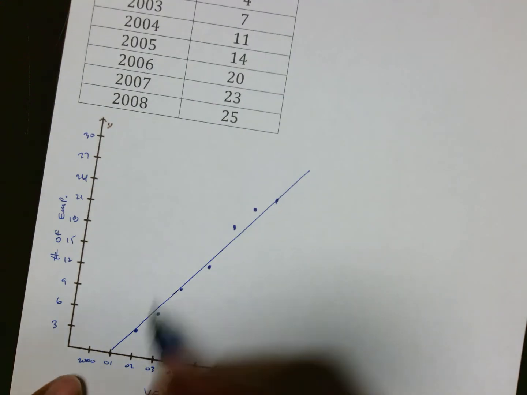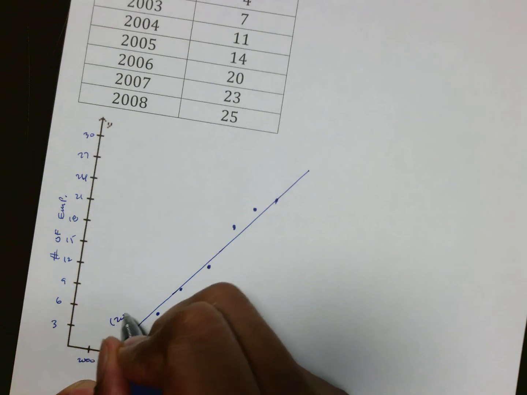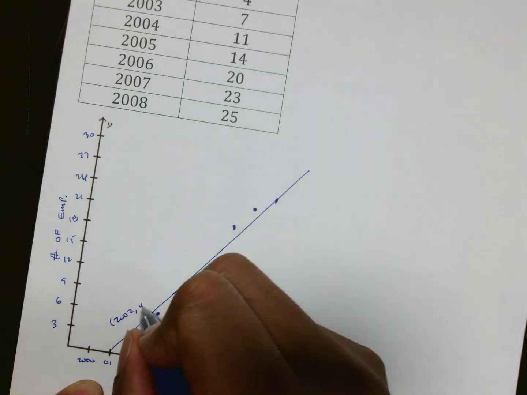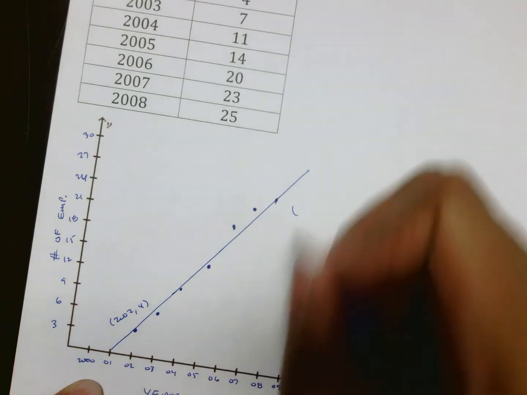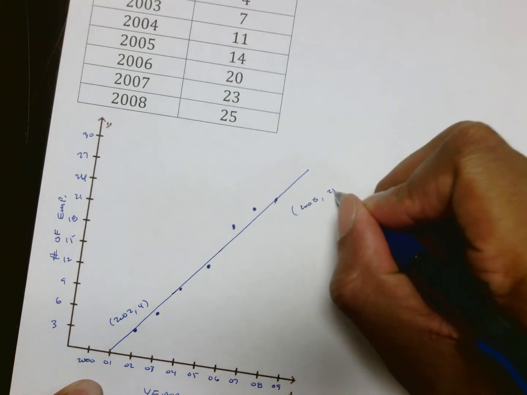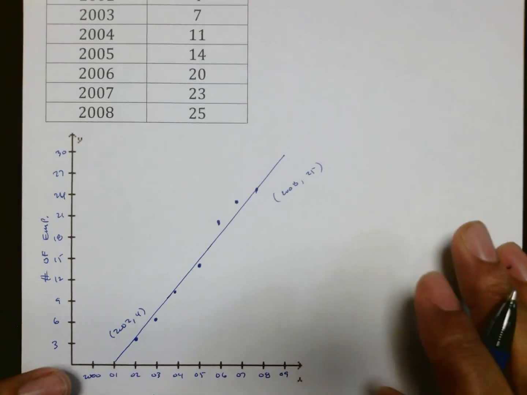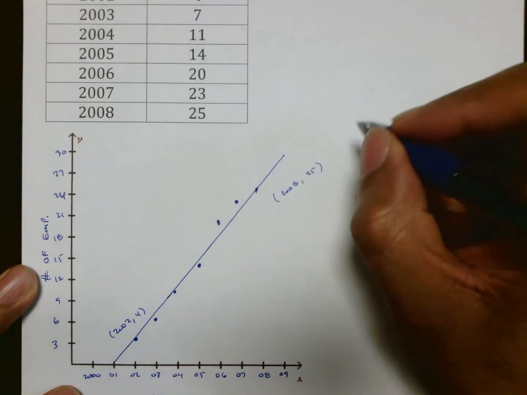Now you have to remember, this is in the chart. This is a 02, which means at this point is 2002 comma 4, and at this point is at 08, which is 2008 comma 25. Now what we have to do is what we did yesterday, which is we now find a slope.